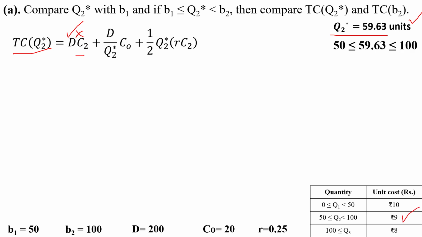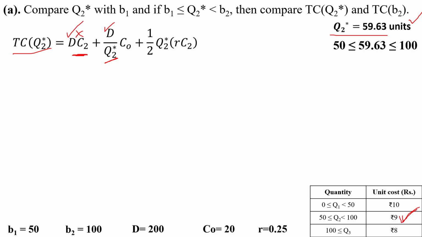Then the C2 value is 9 rupees, and the ordering cost is the number of orders times the ordering cost. So the number of orders D divided by Q2*, times the ordering cost, plus the carrying cost, which is 1/2 times Q2* times R times C2, that is 9 rupees.